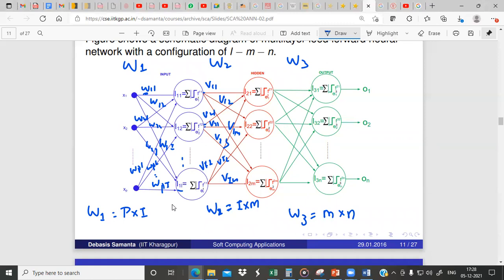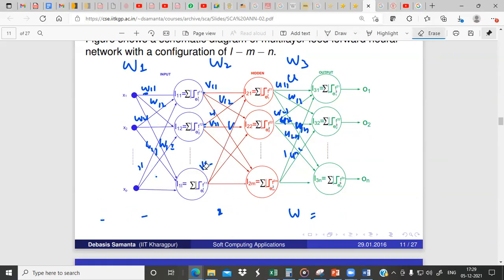As we are using W and V, here we can use U. So this will be U11, U12, and U1N. Then U21, U22, U2N, and then UM1, UM2, and so on, up to UMN. This is how we define the weight matrices.